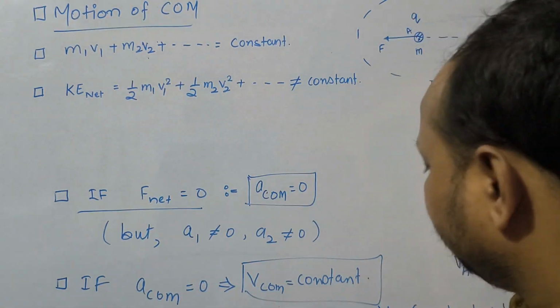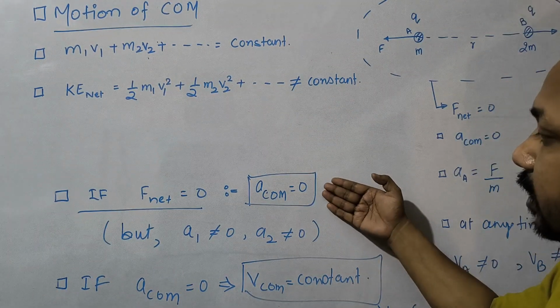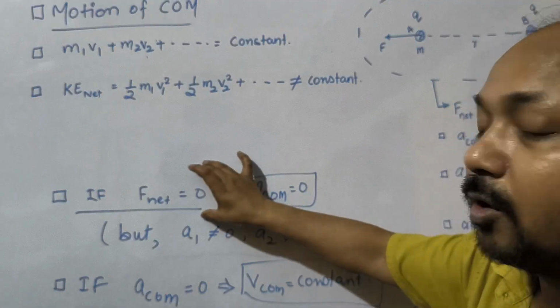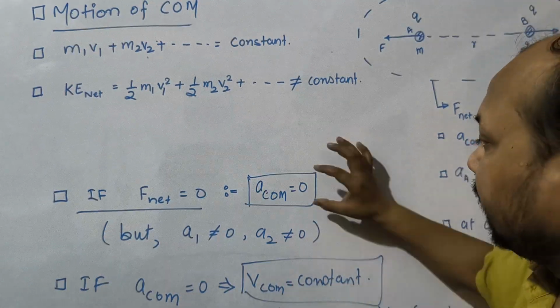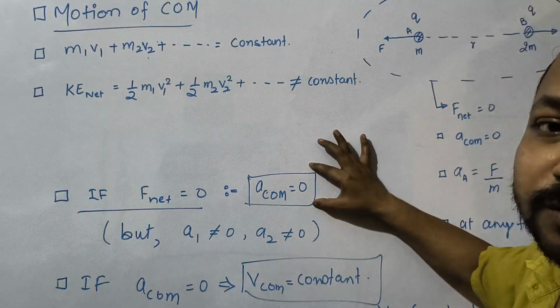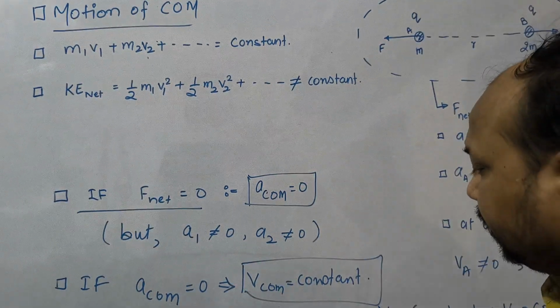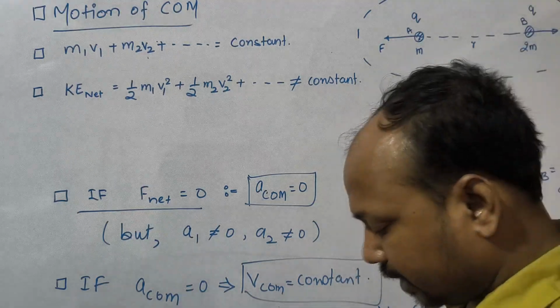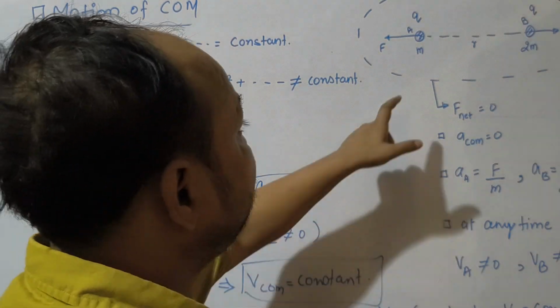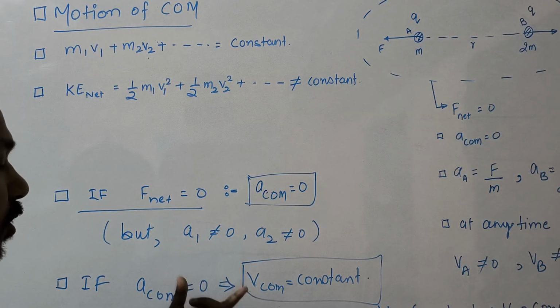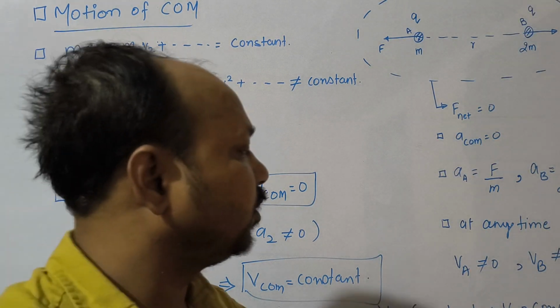So these are the basic meanings of what we can understand about the motion of the center of mass. If net force on the system is 0, the net acceleration of the center of mass is 0 and the velocity of the center of mass is constant, but it doesn't mean that the individual particles of the system will have 0 acceleration or constant velocity.